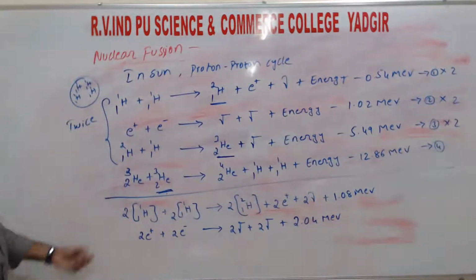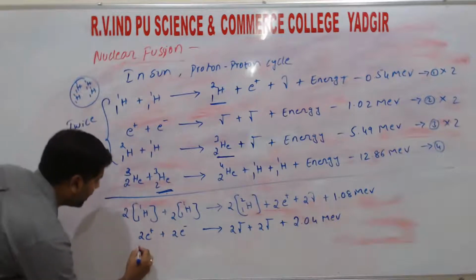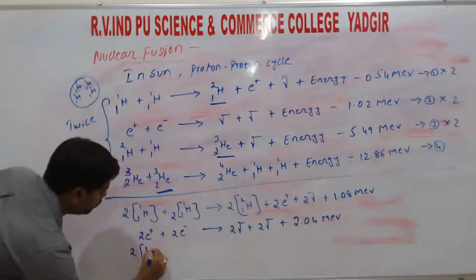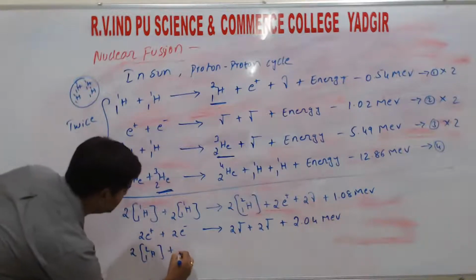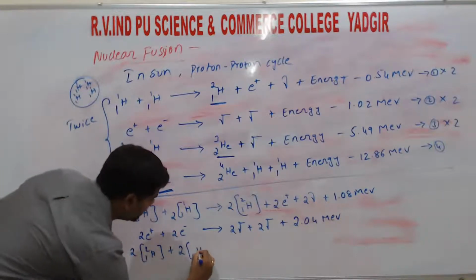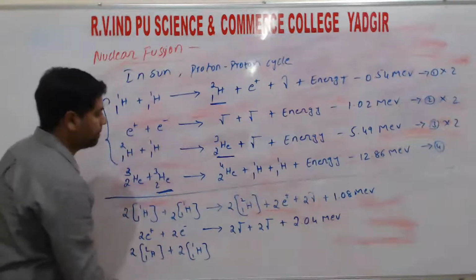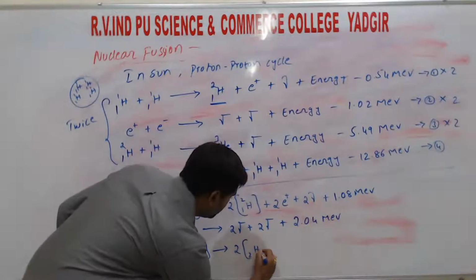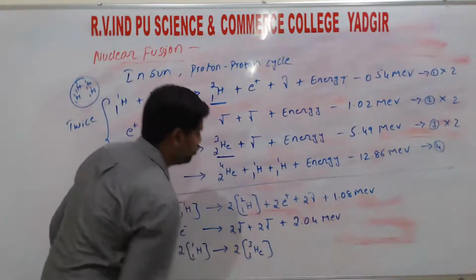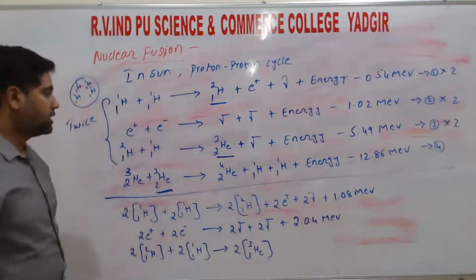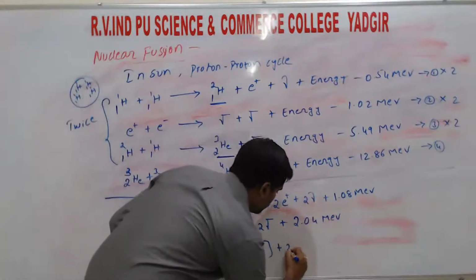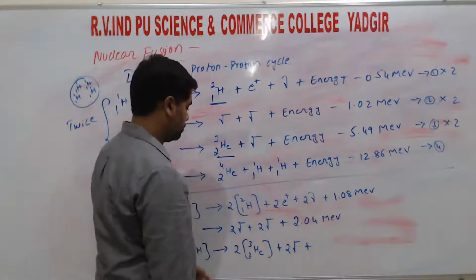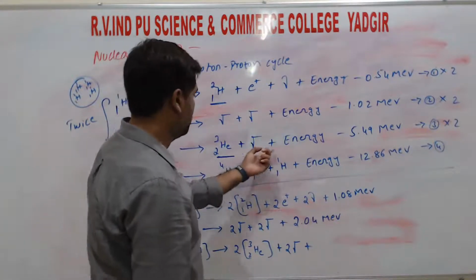Right. So next, the third equation is multiplied by 2. That is 2 times 1H2 plus 2 times 1H1, so here we get 2 helium isotope, 2 into 2He3, plus 2 gamma plus energy.